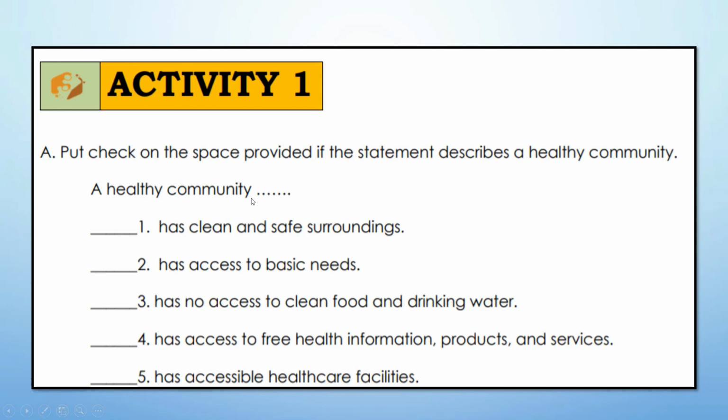So a healthy community has clean and safe surroundings, has access to basic needs, has no access to clean food and drinking water, has access to free health information, products, and services, has accessible healthcare facilities. So all you need to do, according to the direction, is put a check only. Put a check mark on the space provided. Okay?